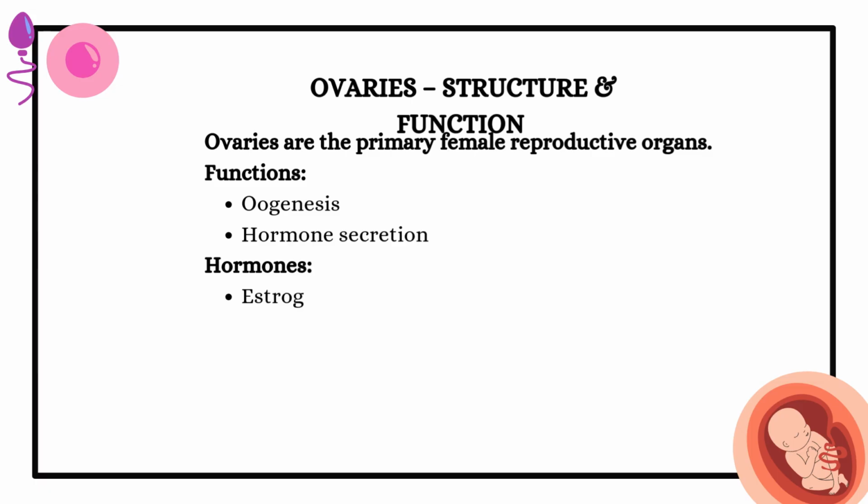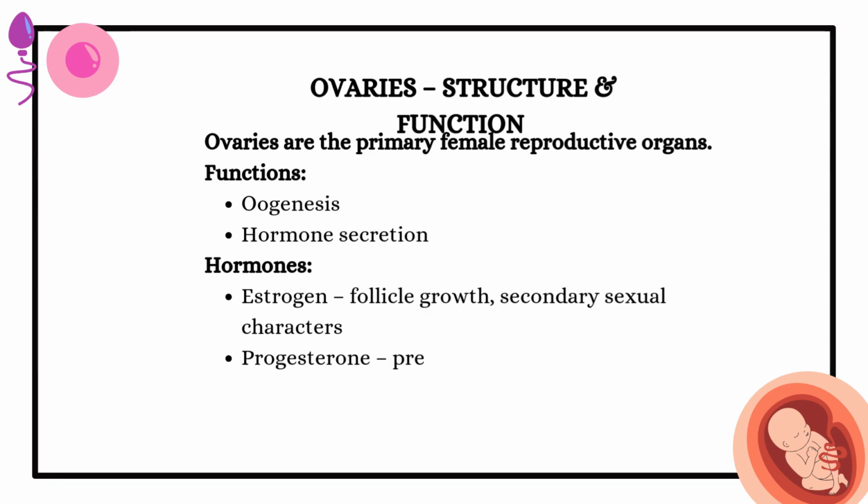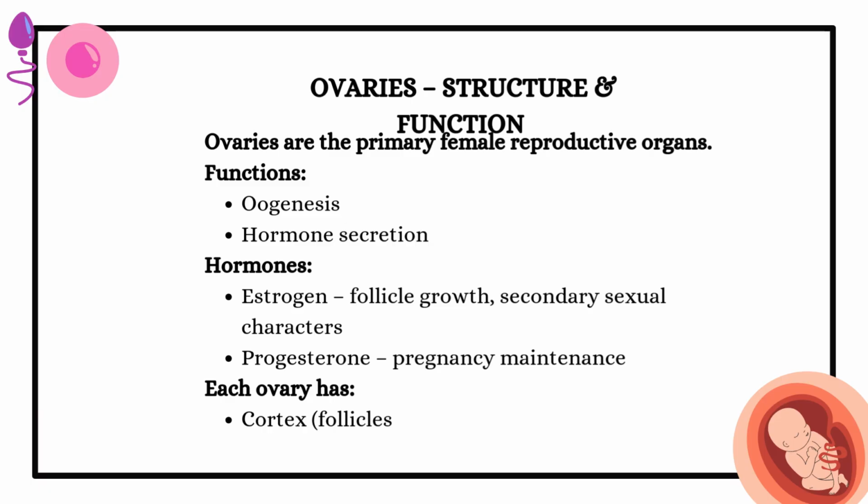The hormones which are secreted by ovaries are estrogen and progesterone. Estrogen is used for follicle growth and secondary sexual characters appearance, and progesterone is known as the pregnancy hormone and is used to maintain the pregnancy. Each ovary has cortex that contains follicles and medulla that contains blood vessels.